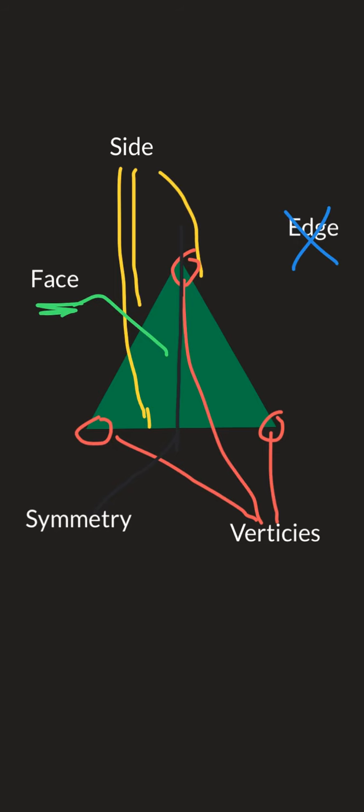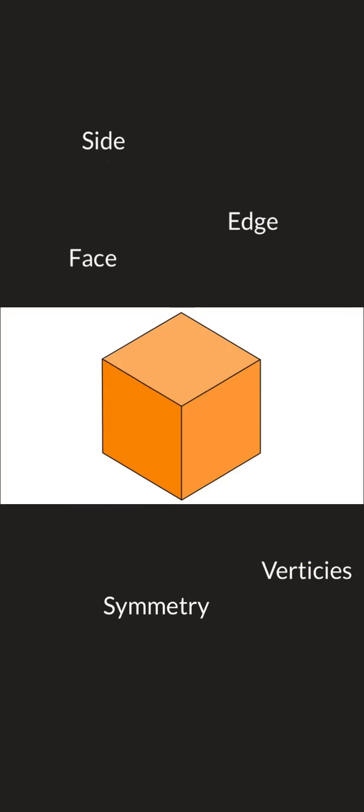Now if I have a 3D shape, let's see what that looks like. Okay, so I'm going to start with my sides. Now in this 3D shape, it doesn't have sides, it has edges, because each of the straight lines are always connecting 2 faces together. So I can put a cross through my sides and I can label my edges.